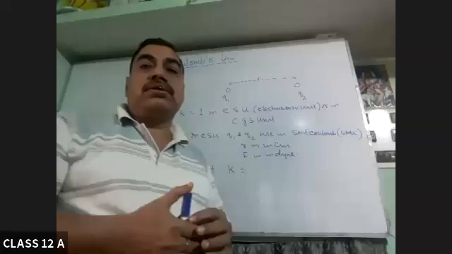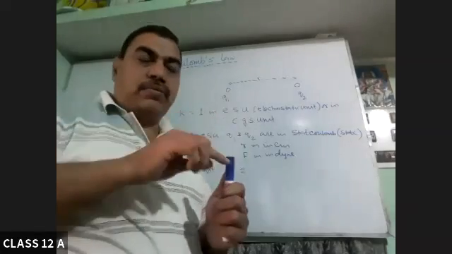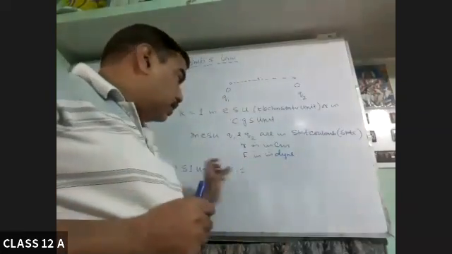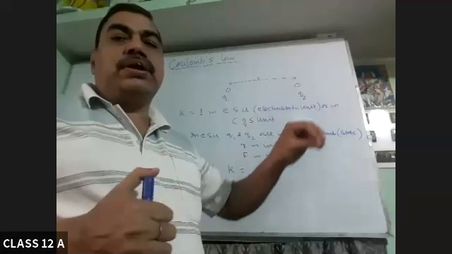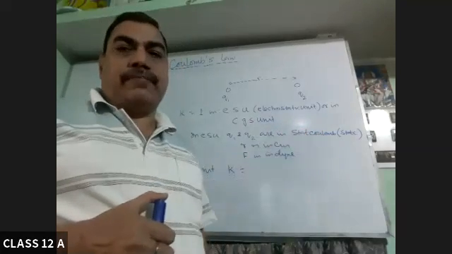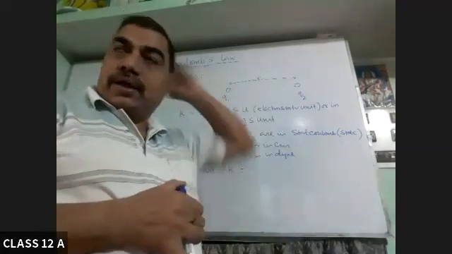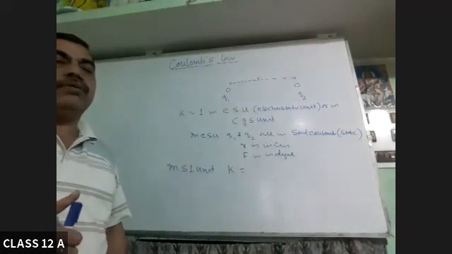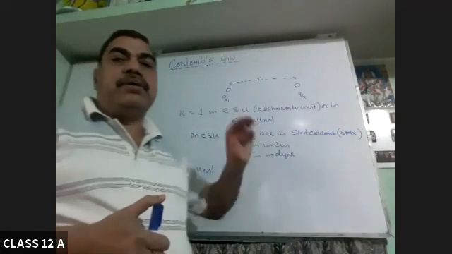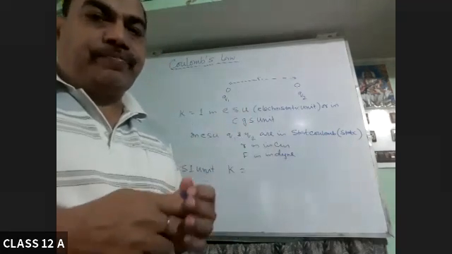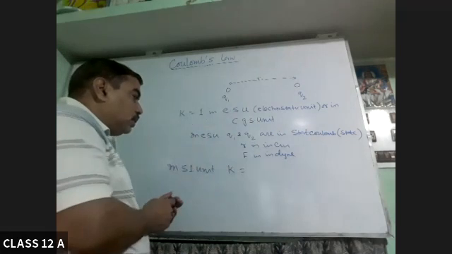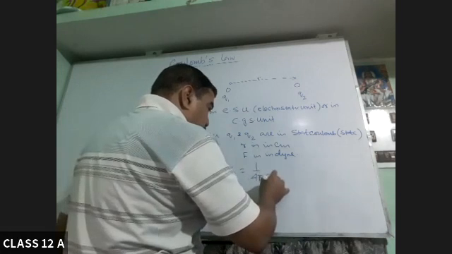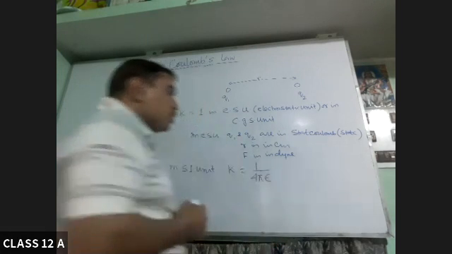If there is circular symmetry, where the relation is valid only in a circle, then this constant is associated with 2 pi. In case of volume symmetry, that is a 3-dimensional figure, then we are giving a constant which must have the term 4 pi. So this K is 1 by 4 pi, and another term here is epsilon.